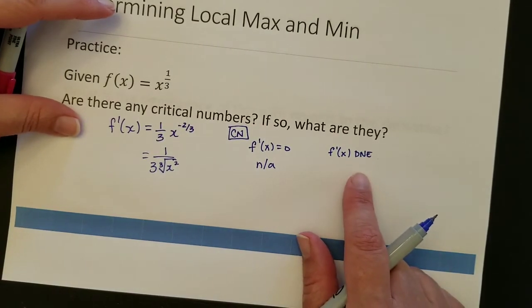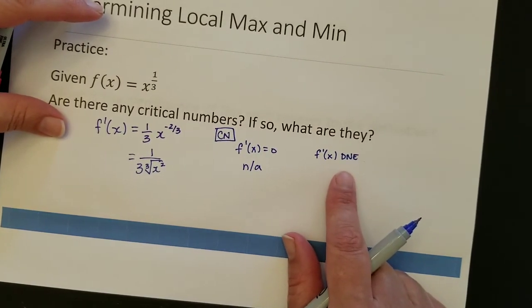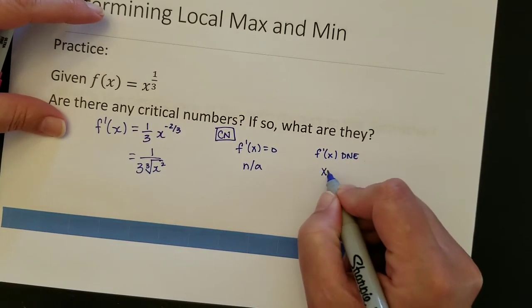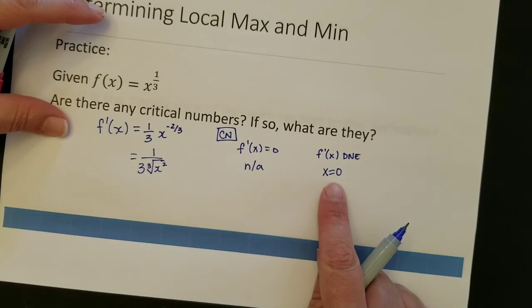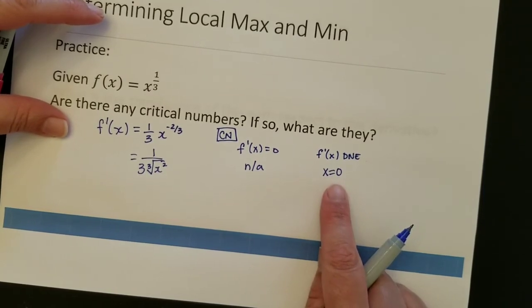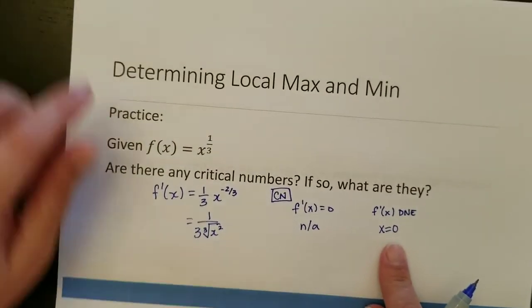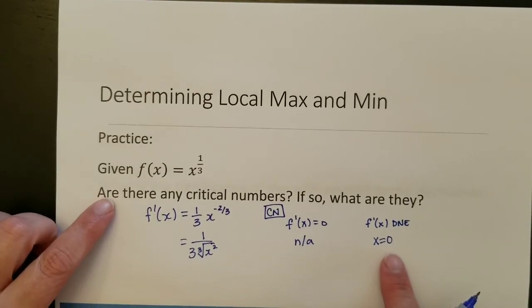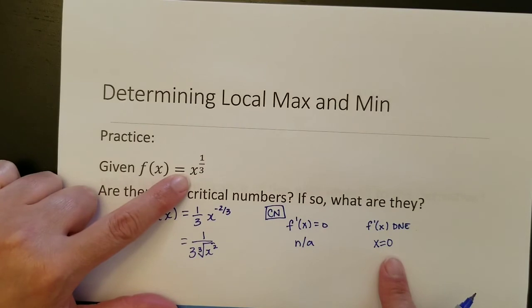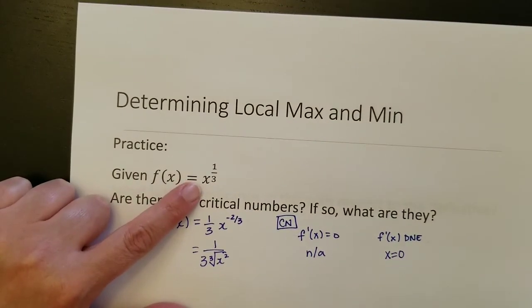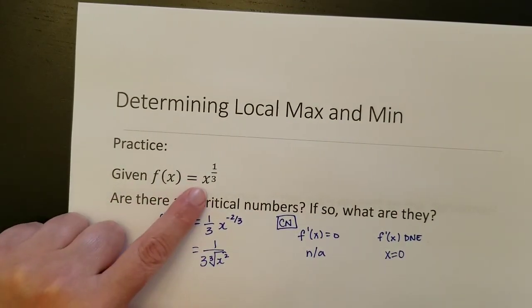Now, what value of x would make this derivative not exist? That would be a restriction, as if x equaled 0. So that's going to be my critical number. Now, if you look back in the original function, oftentimes at the critical numbers where the derivative doesn't exist, the original function doesn't exist either, but that x equals 0 is just fine in the original function.